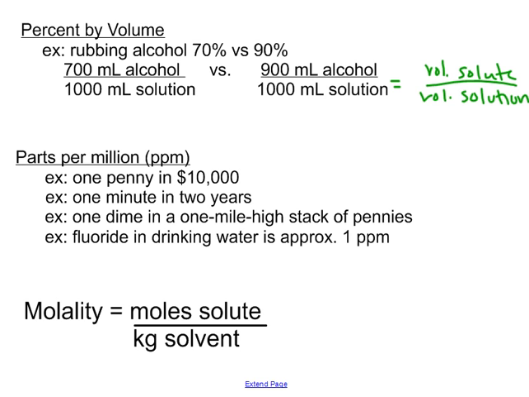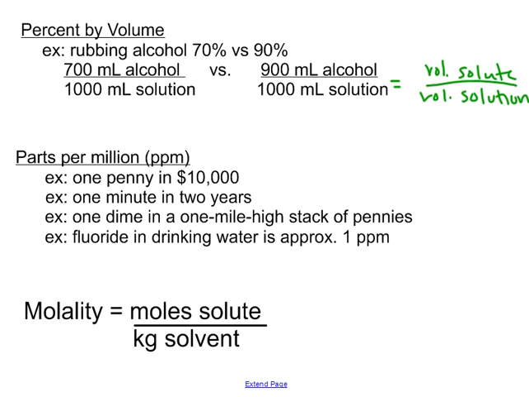And so that's to give you an idea of 1 ppm, 1 part per million, is 1 penny out of $10,000 worth of pennies. $10,000 worth of pennies is a million pennies. The number of minutes in 2 years is a million minutes approximately. So 1 minute out of that 2 years is considered to be 1 part per million.